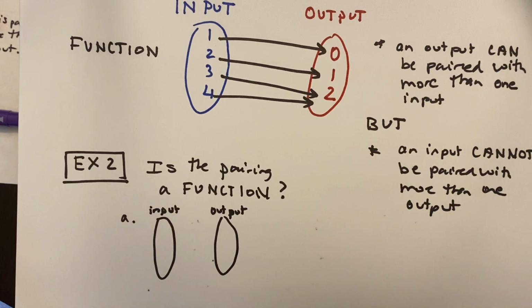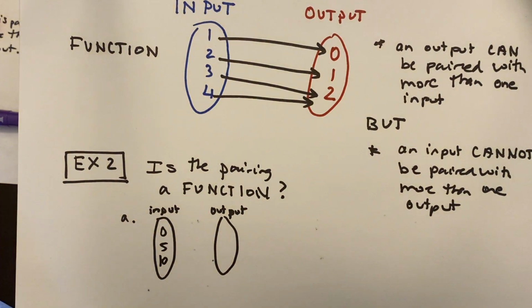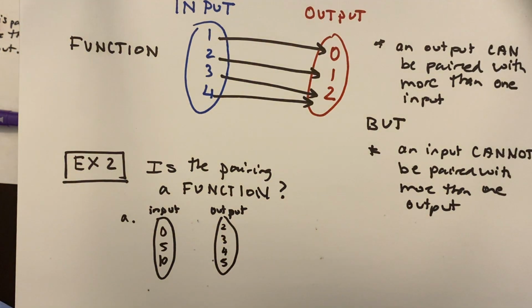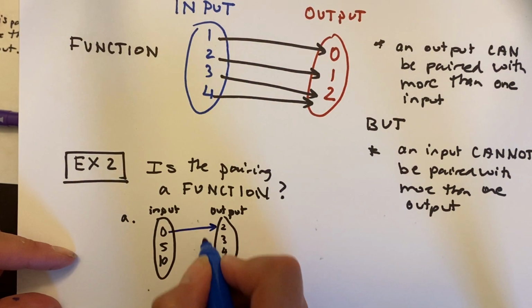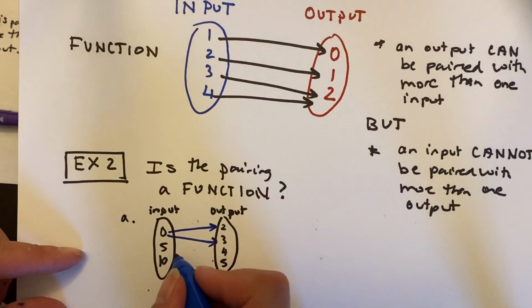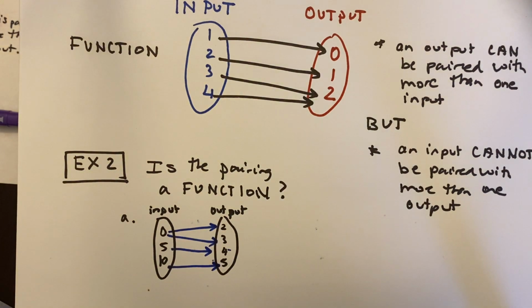And the input is 0, 5, and 10. And the output is 2, 3, 4, 5. And we're told that 0 can lead to either 2 or 3, 5 gives you an output of 4, pardon me, and 10 gives us an output of 5. Is that a function based on our definition of function?